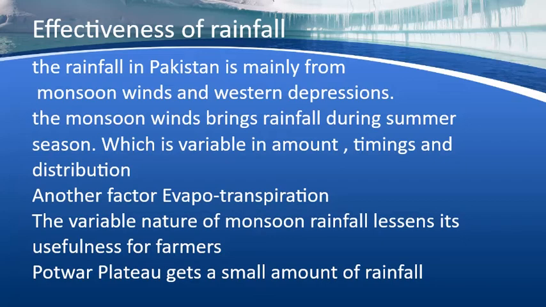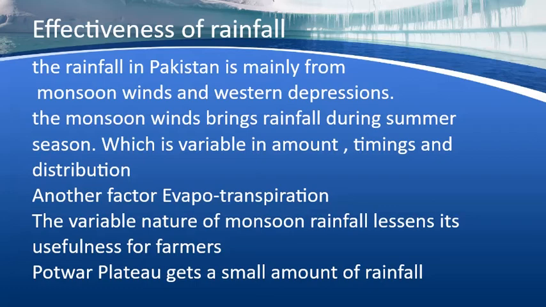The variable nature of monsoon rainfall also lessens its usefulness for the farmers. Crop planning is very difficult if the amount and timing of rainfall have above normal fluctuations. Only a tiny fraction of Potwar Plateau has canal irrigation.